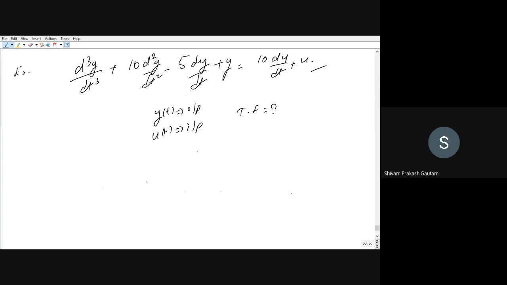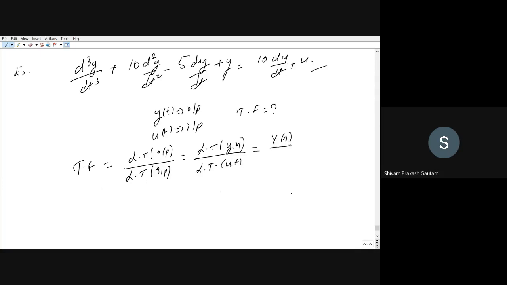Suppose this is an equation which is for any system. We are not focused on what our system is right now. We are just focusing on how to calculate the transfer function. y(t) is our output, u(t) is our input. So the transfer function is the Laplace transform of output upon the Laplace transform of input, which is Laplace transform of y(t) upon Laplace transform of u(t), equal to y(s) upon u(s).